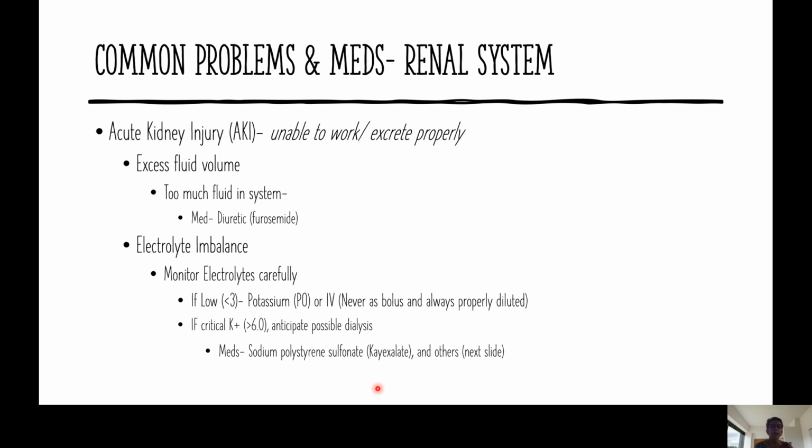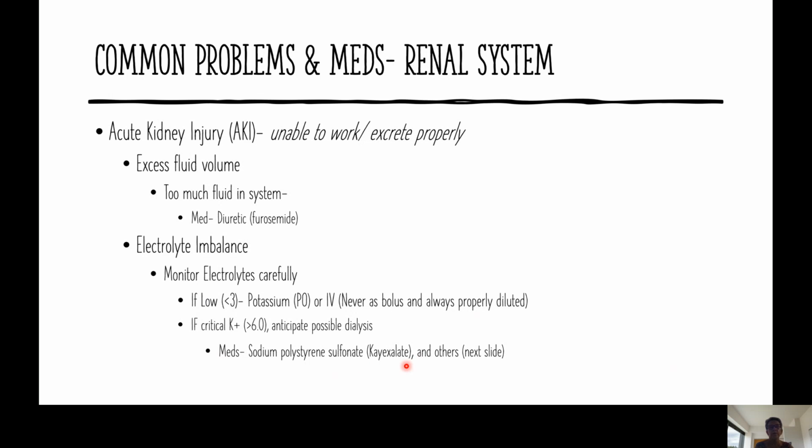If the potassium level is very high, and it's going to be high in acute kidney injury because you're not filtering properly, and all of that potassium is staying in your body, and it's more than 6.0, you actually may need dialysis. And if you don't need dialysis and you have time and you want to try some other medication, the meds that you could use are Kayexalate, and that's sodium polystyrene sulfonate.